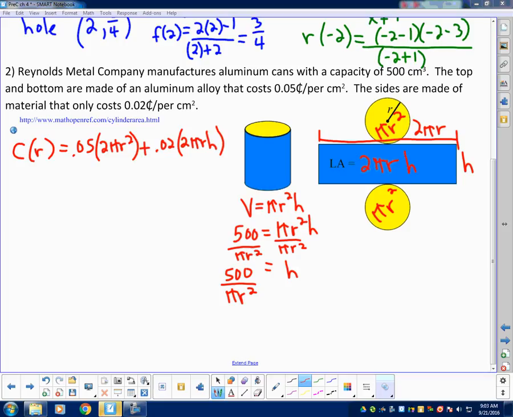solve for h, and then I'm going to take this equation and plug it in for h up here. It'll be a little messy, but I'll have an equation just in terms of r.